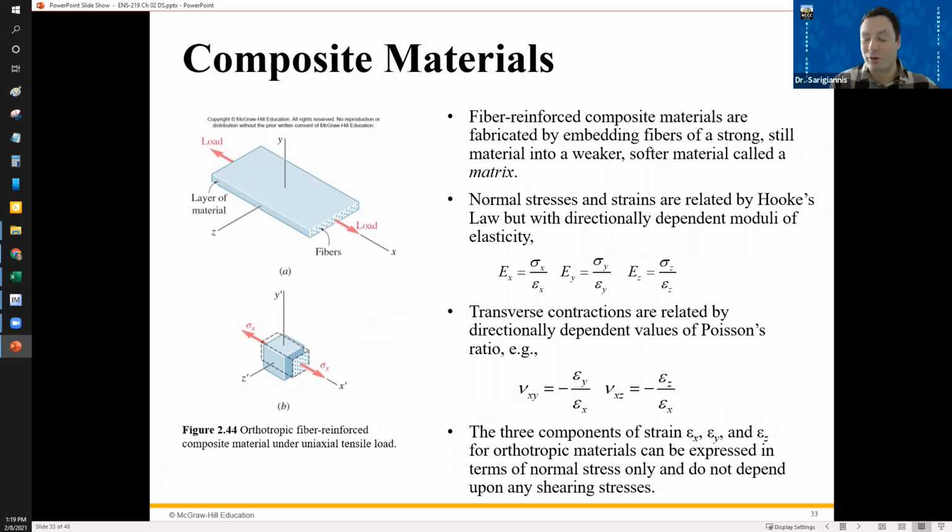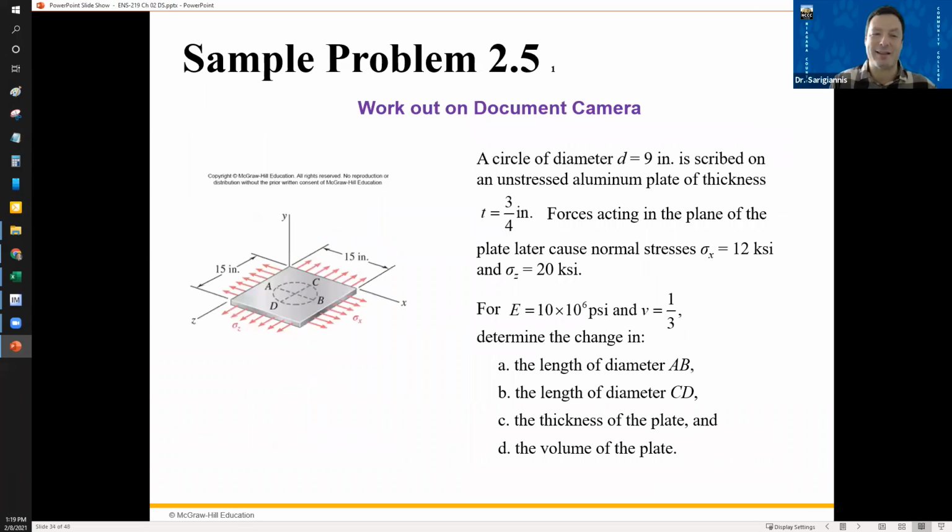The normal component is fairly straightforward, and the transverse component is going to depend on Poisson's ratio, but you might have to do some fancy math to make it work. All right, this is an example. We're going to work this out on paper here.